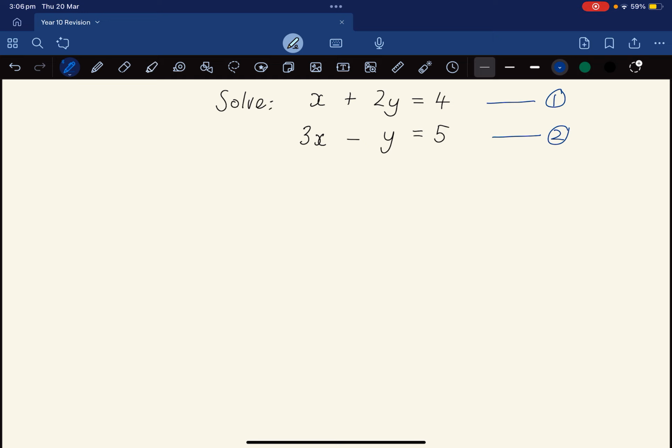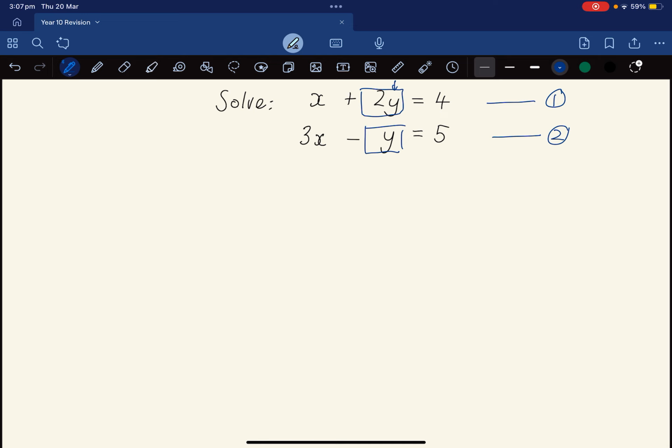Now, you could choose either. I'm looking for the 1x and the 1y. Let's choose x for now. Actually, we're going to choose y for the sake of explaining it, okay? We're going to choose to eliminate y. Now, how could we do that? We need to get the y's the same number.